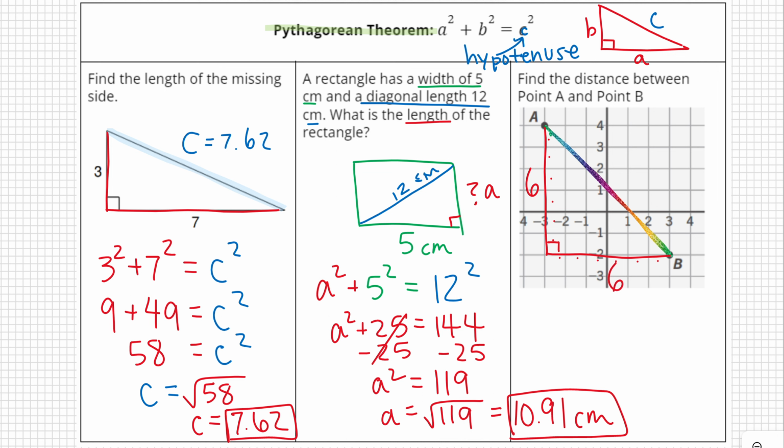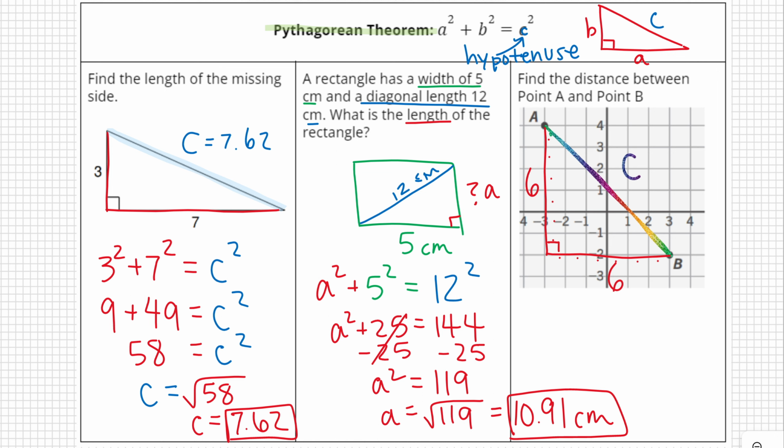And then I'm trying to figure out what is the missing length of the hypotenuse, which will be C in my Pythagorean theorem. So let's set up our equation. A squared plus B squared. So A is one of the legs, which will be 6 squared, plus B, which will be the other leg.